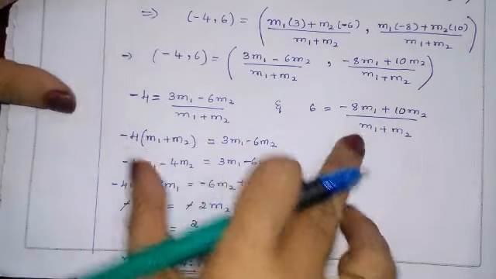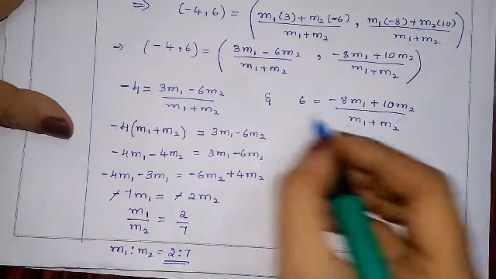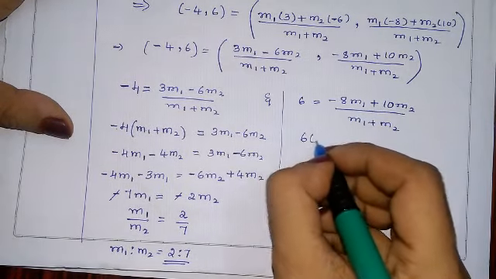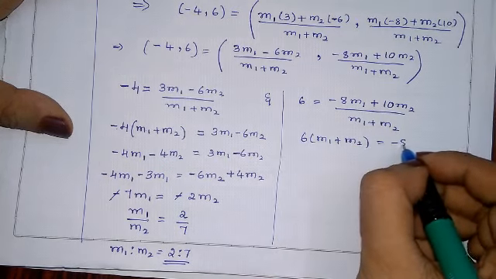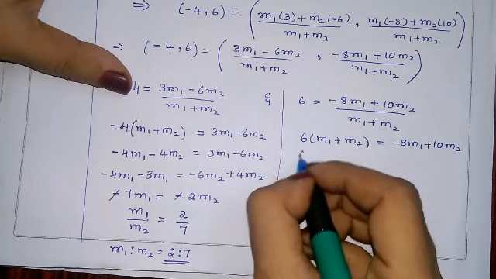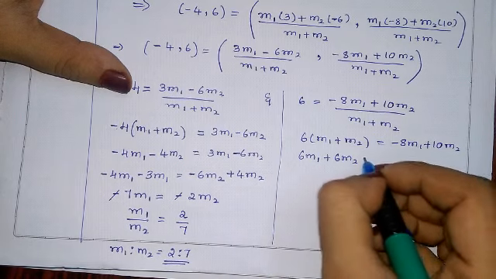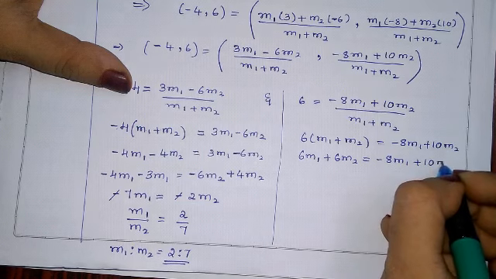Same way we have to do this side also. We will get 2 is to 7 only. How do we have to do it? Same like we have to do. 6 into m1 plus m2 is equal to minus 8 m1 plus 10 m2. Okay, 6 m1 plus 6 m2 is equal to minus 8 m1 plus 10 m2.